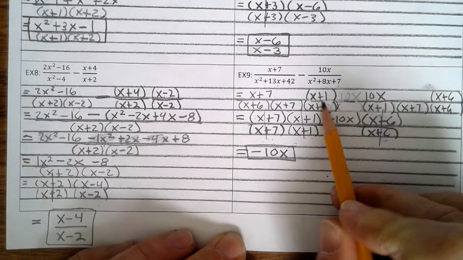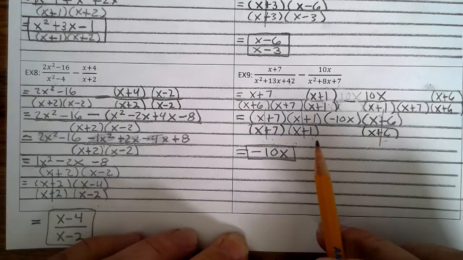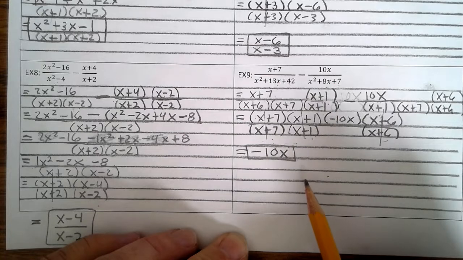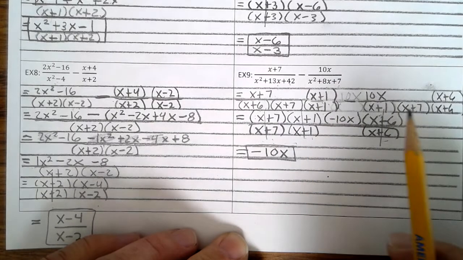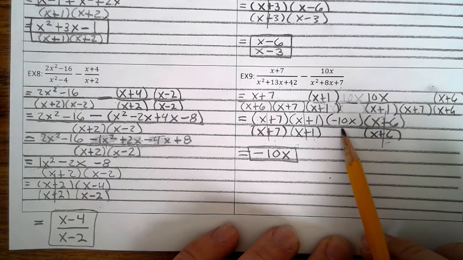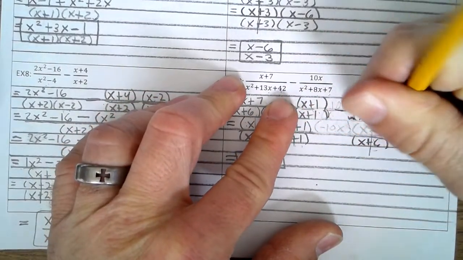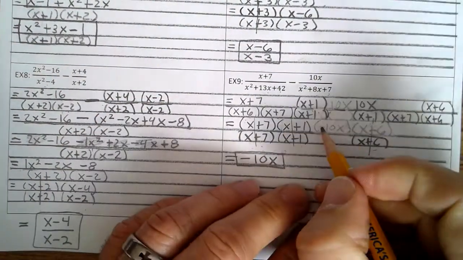That's why, because I treated it like multiplication here, but no, I'm subtracting, so I can do that. No, I can't. That's where I went wrong. I have to keep the minus sign times 10x times x plus 6. That's where I made the mistake. You can't do that in multiplication.